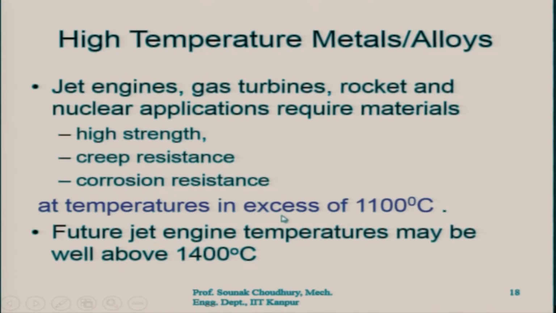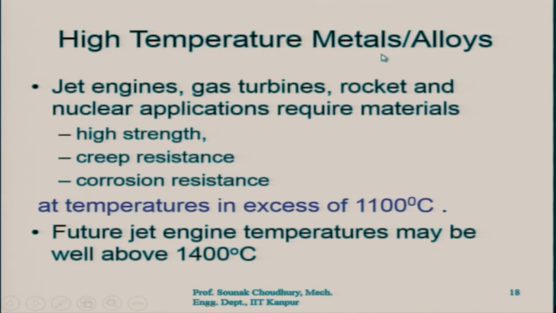At temperatures in excess of 1100 degrees centigrade. So, the temperature may of course go more than 1100 degrees centigrade. At this temperature all these properties should be retained, that is high strength, creep resistance and corrosion resistance.